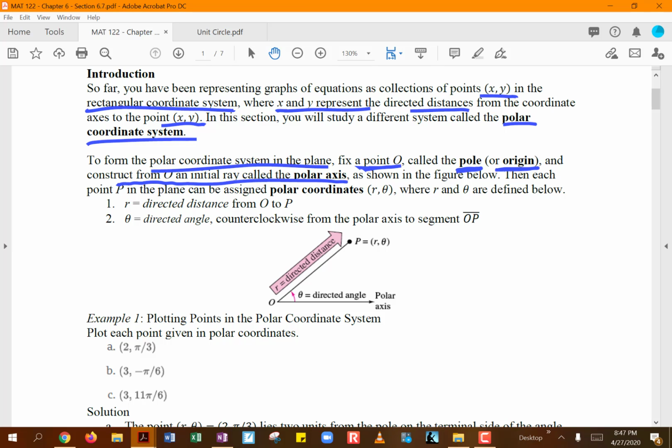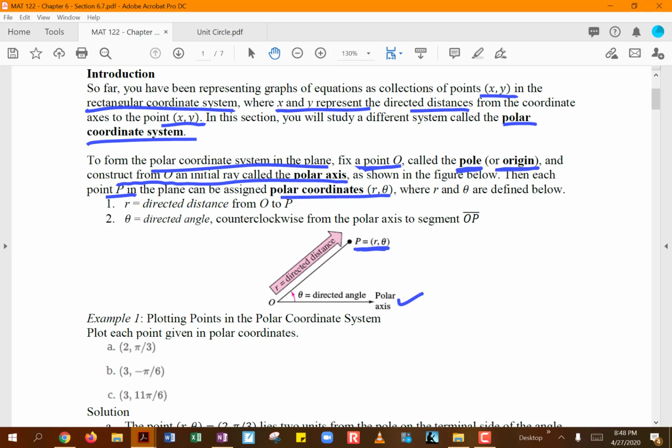You can think of this as your horizontal axis, as you can see right here in the figure. So you start from point O and draw an initial ray called the polar axis, and then you will have point P, which has the polar coordinates r comma theta.